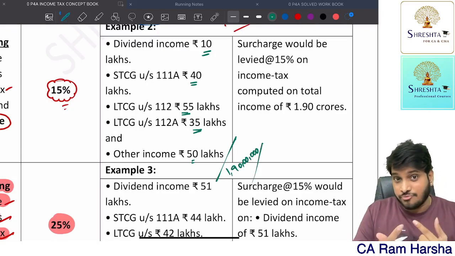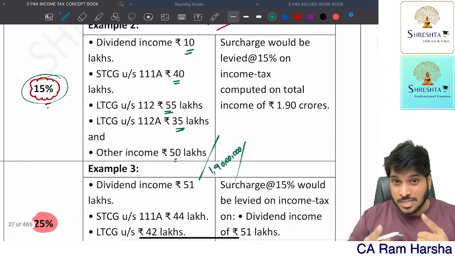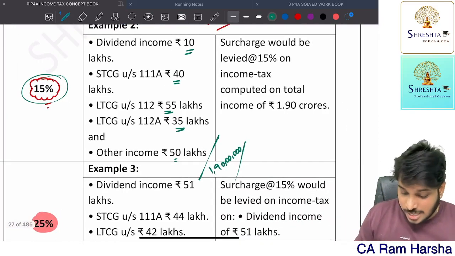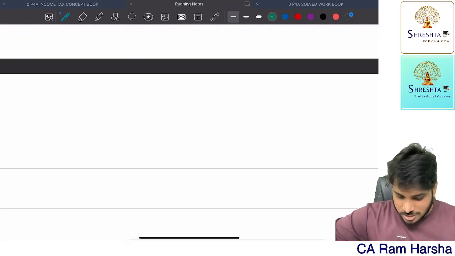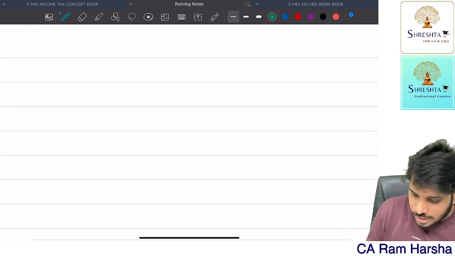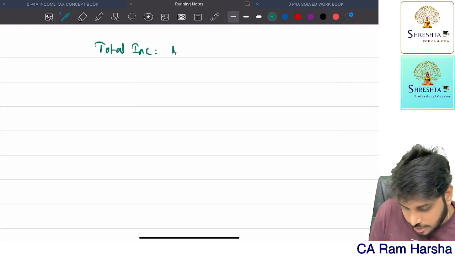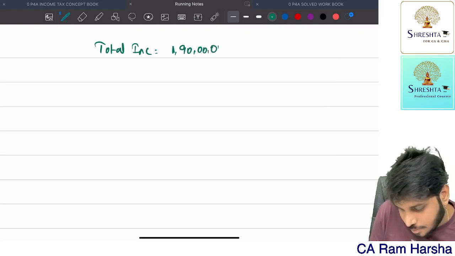Now remember, here the surcharge rate is how much? 15%. Now compute along with me in your book. What is the total income? It is equal to 1 crore 90 lakhs.